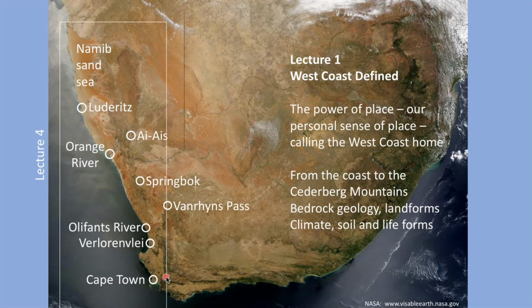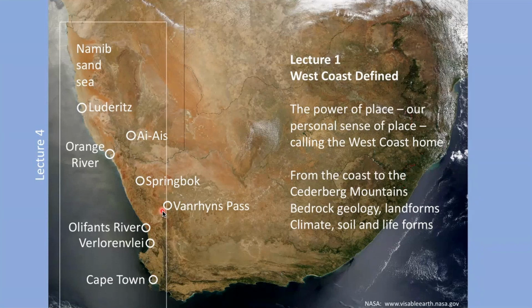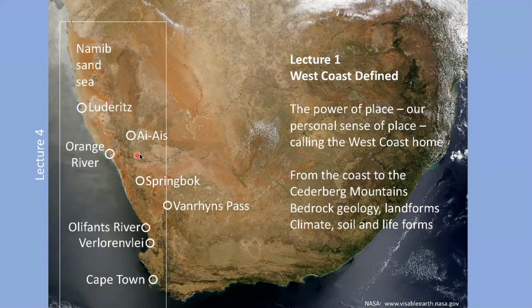Today I want to extend our travels further north, going to areas such as Verlorenvlei, the Olifants River mouth, Vanrhyns Pass and Vanrhynsdorp, the Nieuwoudtville area, the Springbok area and Namaqualand, up across the Orange River into Namibia, the Orange River mouth, Ai-Ais and the Fish River Canyon, and then eventually over to Lüderitz and Kolmanskop to look at some of the features there along the coast.